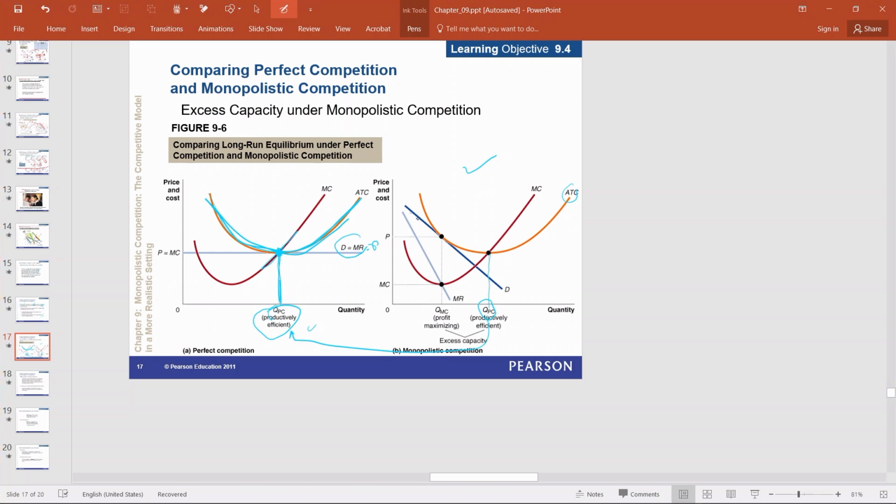So when this demand curve touches the average total cost, it touches it here, at which marginal revenue equals marginal cost, which also determines the level of production in a monopolistic market. So this level of production is produced at higher level of cost compared to this minimum cost.